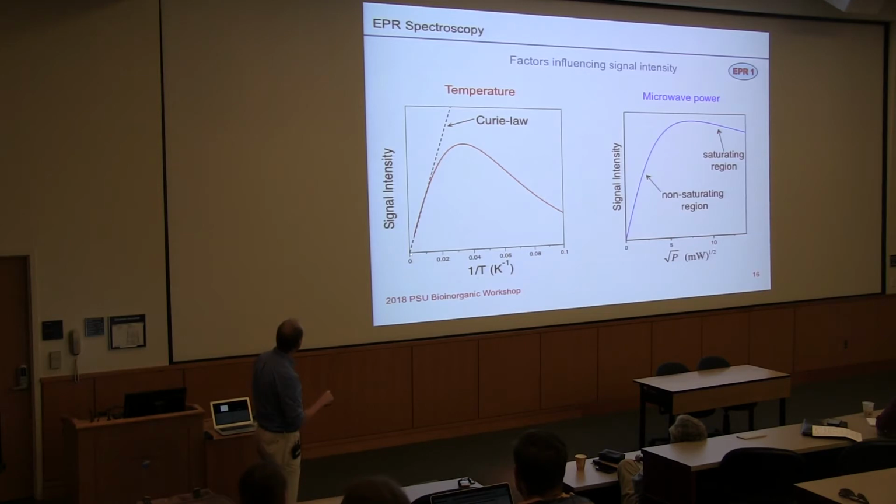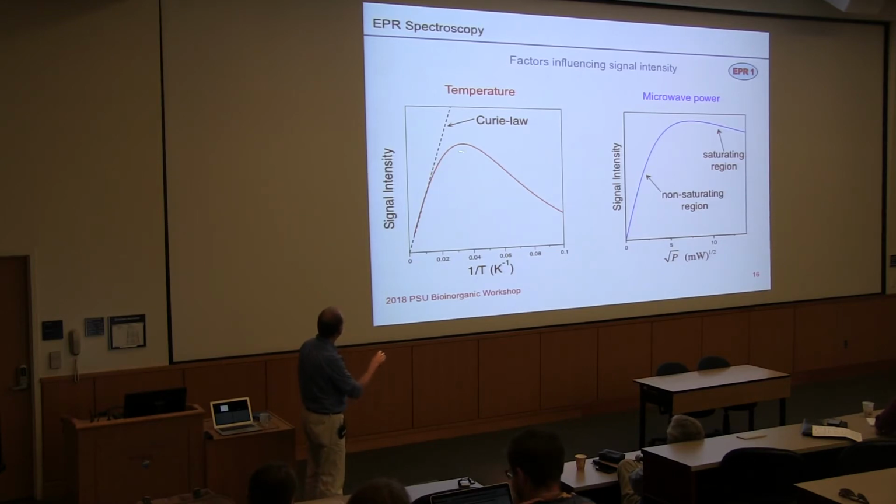So as we go down in temperature, the signal will increase, and at higher temperatures, this follows the Curie law, so it's a straight line. But when I get to quite low temperatures, the relaxation will slow down, right?